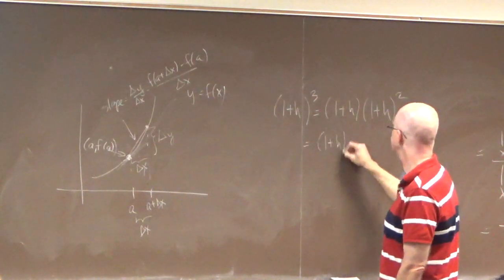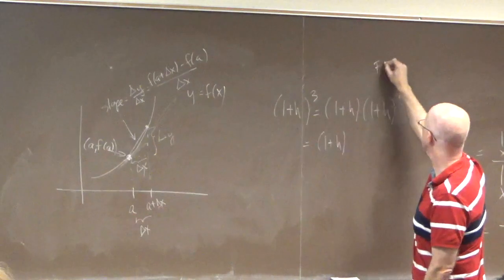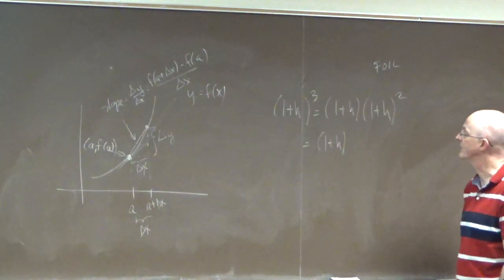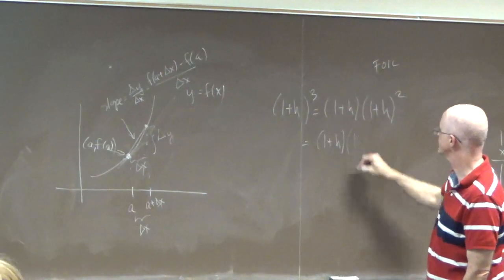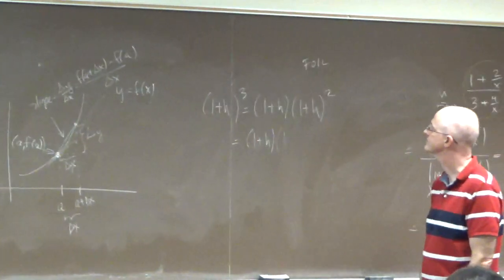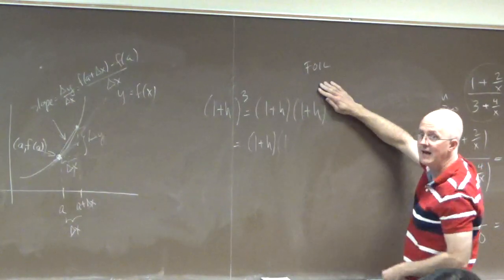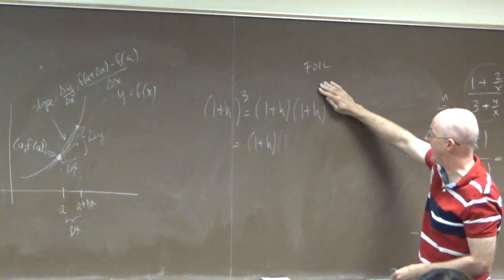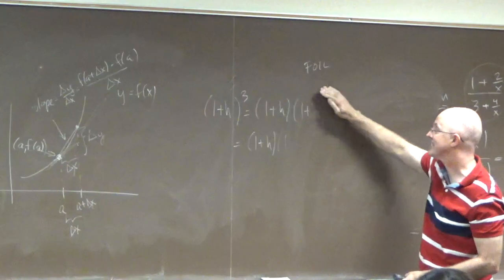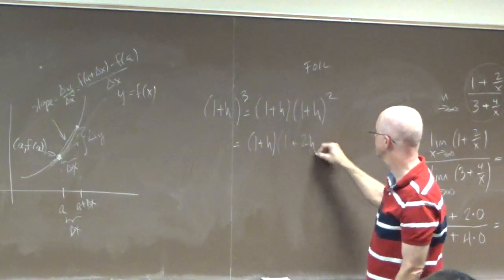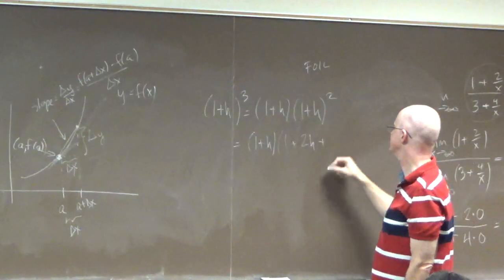For 1 plus h quantity squared, you've got to use FOIL. 1 plus h times itself. First times first would be 1 times 1 is 1. Outside times outside is h times 1 is h. Inside times inside is h times 1 is h. So I get plus 2h. And then last times last is h squared.